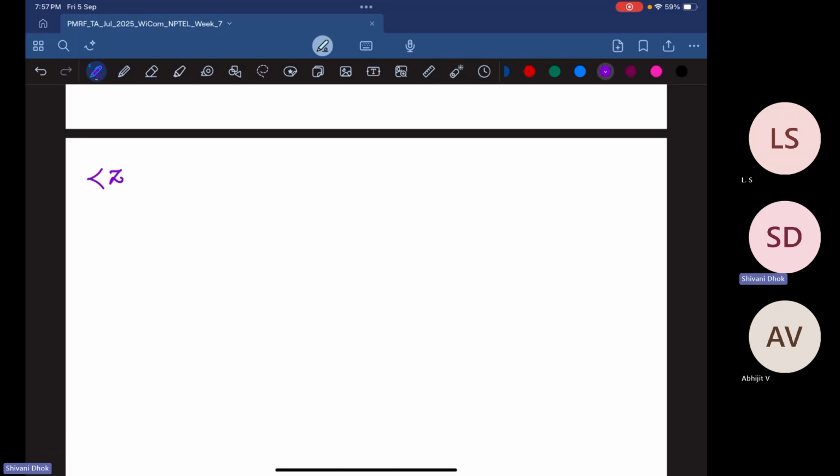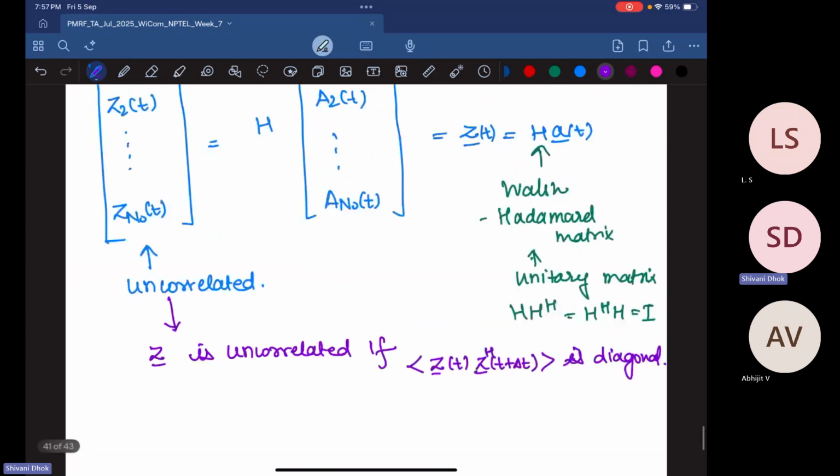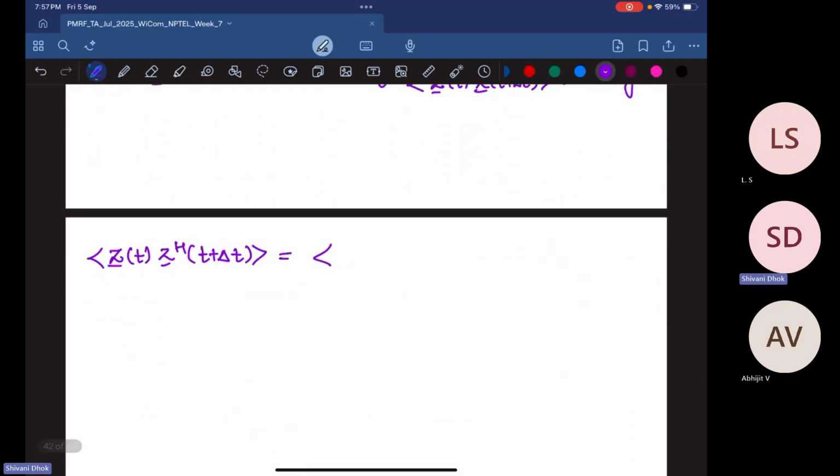So now you have z of t into z Hermitian of t plus delta t, which is equal to H into a of t into a of t plus delta t Hermitian into H Hermitian. So we want to find the time average of this. H doesn't depend on time.